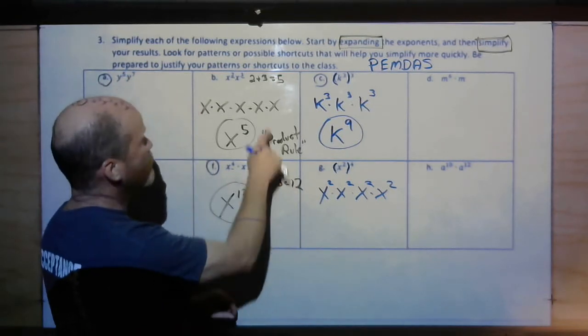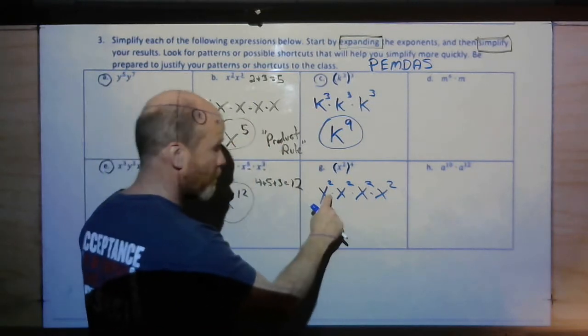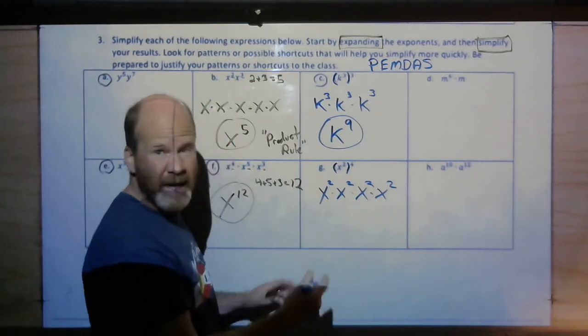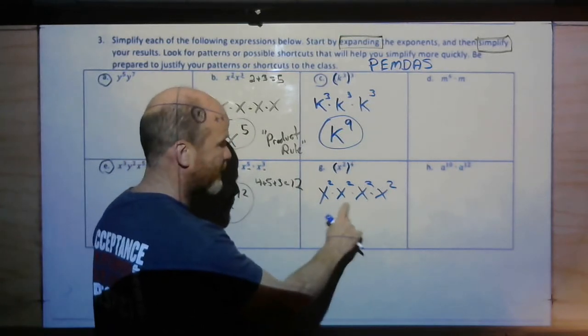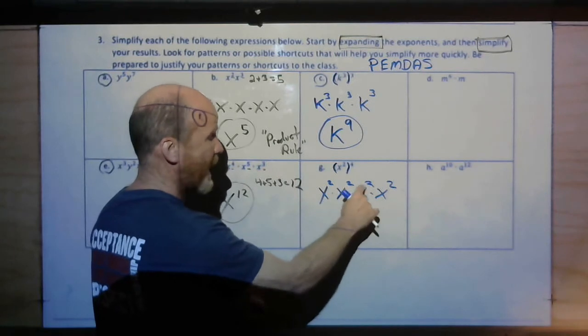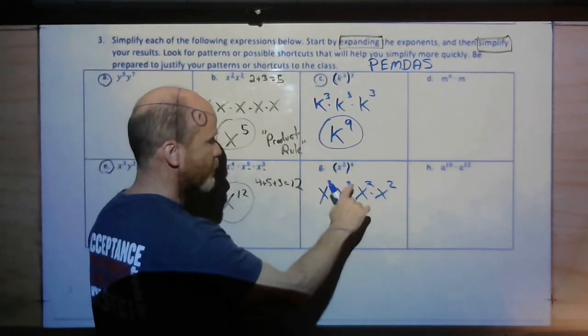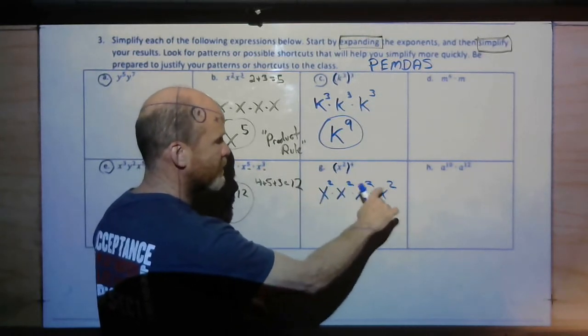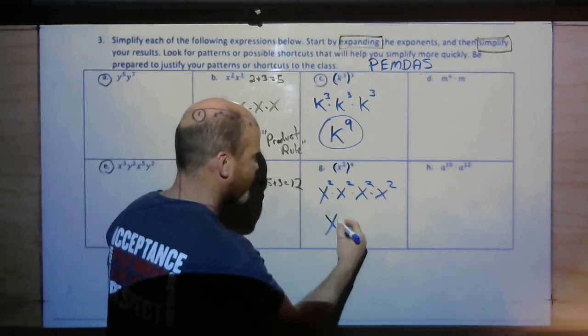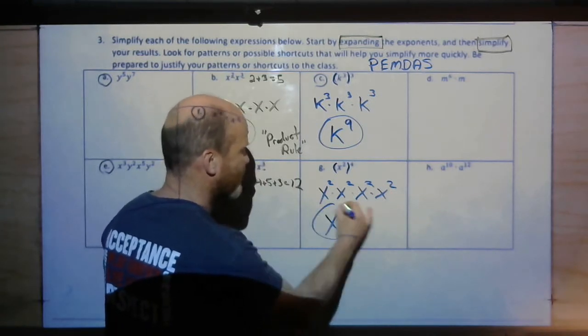We're going to use our product rule. We're just adding the exponents because we're multiplying. If we're multiplying, they have the same base. They all have an x base, and then we're going to add their exponents right here. 2 plus 2 is 4, plus 2 is 6, plus 2 is 8. Simplified is x to the 8th.